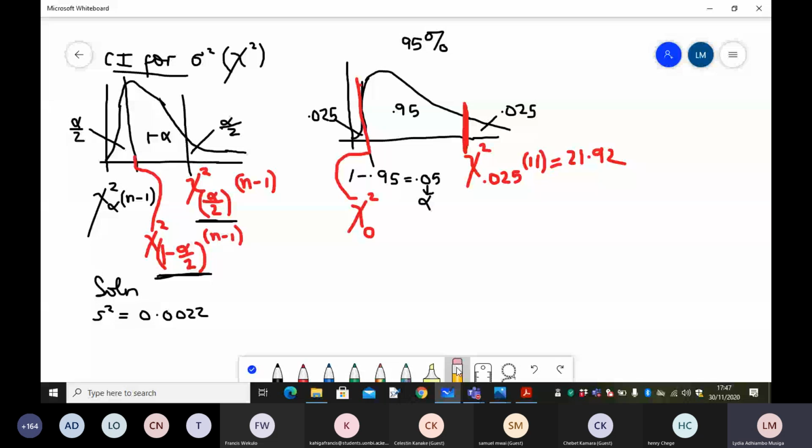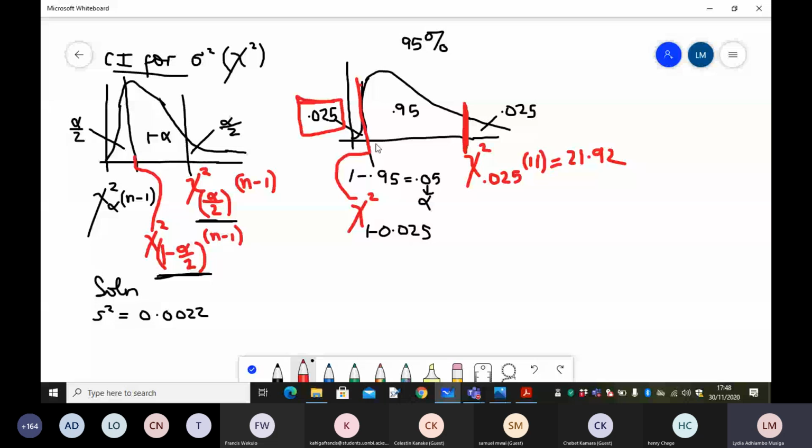It is 1 minus 0.025, the small area on the left, because we need the area to the right.